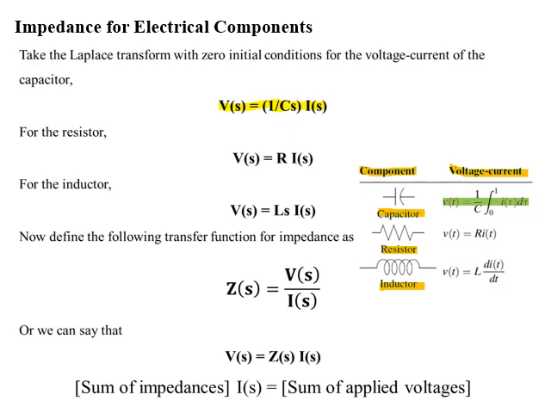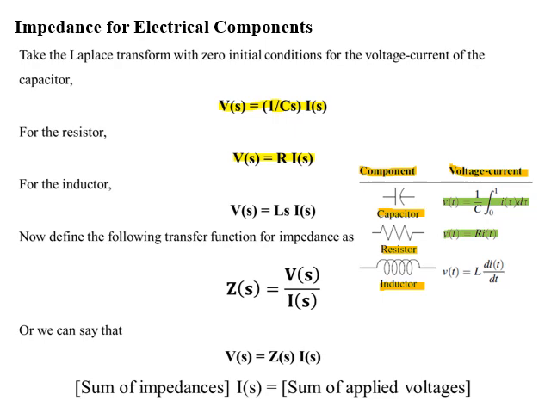Now for resistor, v of t is equal to resistance of resistor R multiplied by current flowing through resistor, which is i of t. In Laplace domain, this equation will be turned into V of s is equal to R multiplied by I of s.